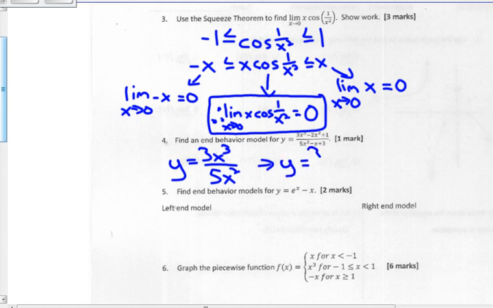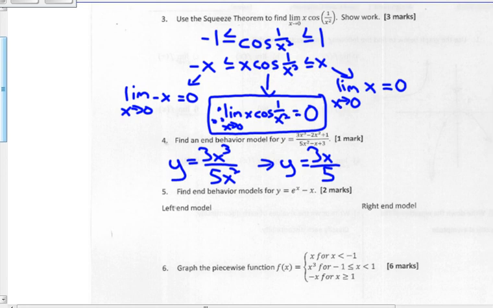And that gives us y equals 3x over 5, or a line with a slope of 3/5. So that complicated function in 4, in terms of its long-term behavior to the right and left, looks like this easy one, this basic line. If you were interested in what happens to the function around a million, it would be a whole lot easier to substitute into its end behavior model.